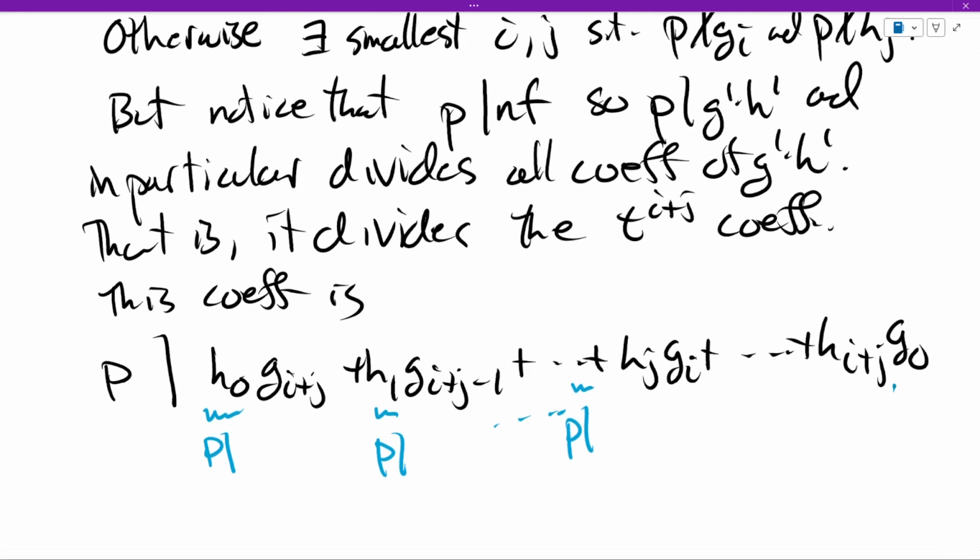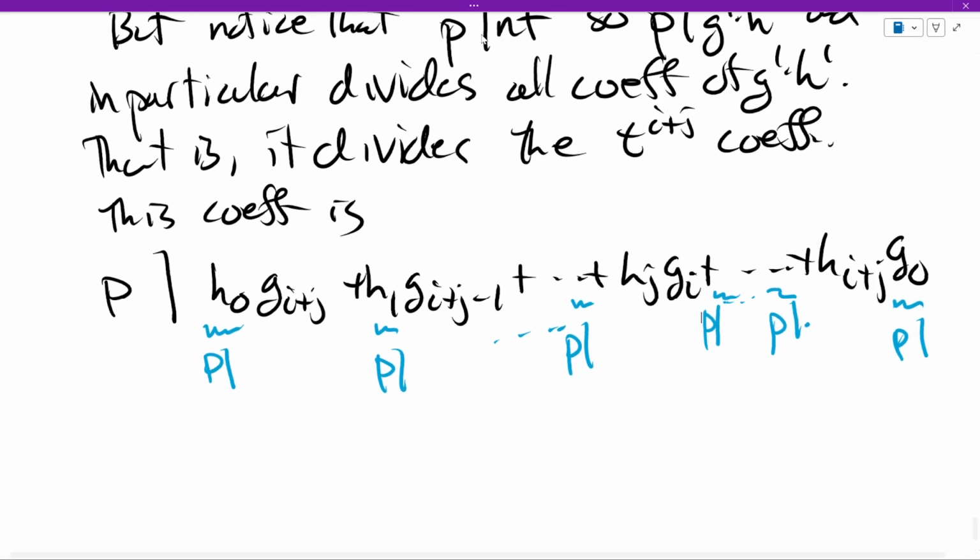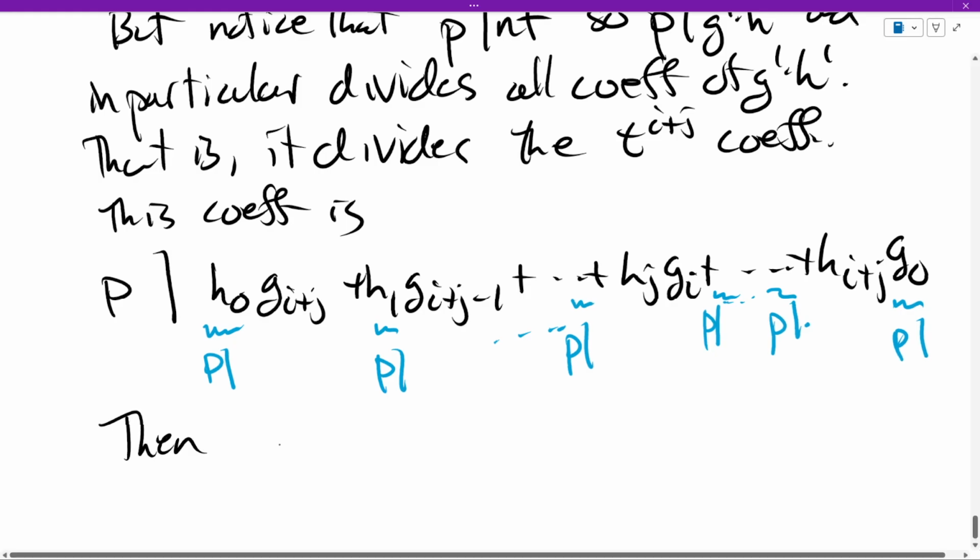Well, p divides this one, p divides the next one, and all the ones up until you hit i. Now, it could be that i is 0, in which case I wouldn't write any of that, of course. So p divides the whole thing, and p divides every term except for the middle one. What does that tell us then? Well, p must divide the middle guy.